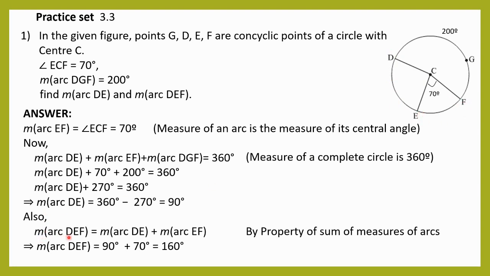Measure arc DE we found out here is 90 degree, and measure arc EF from the first part is 70 degree. By adding 90 degree plus 70 degree, we get 160 degree. Therefore, measure arc DEF is 160 degree.